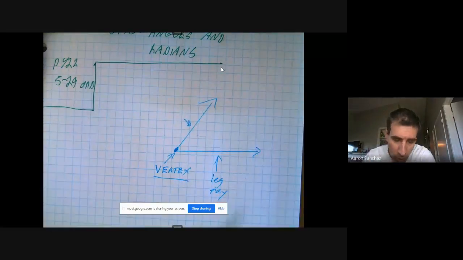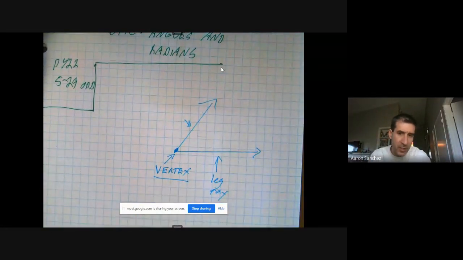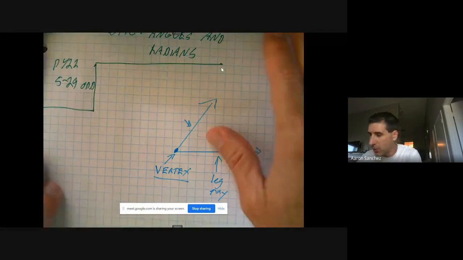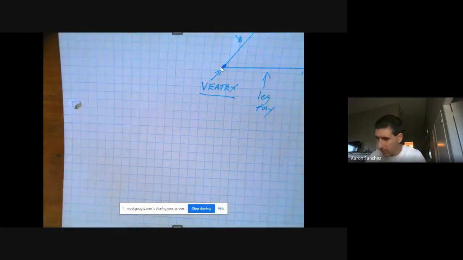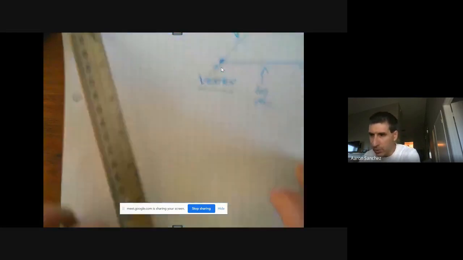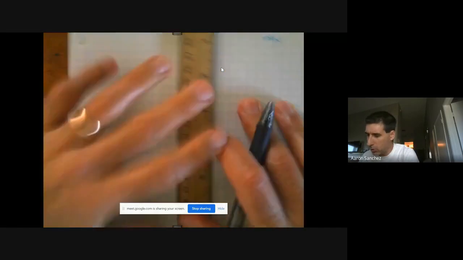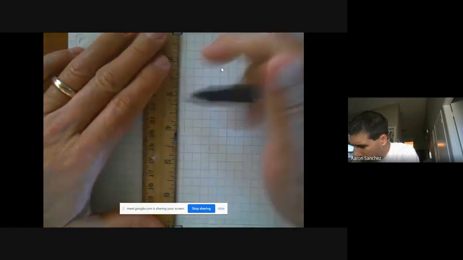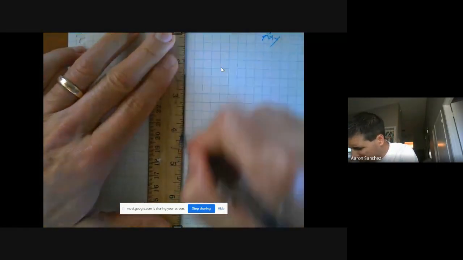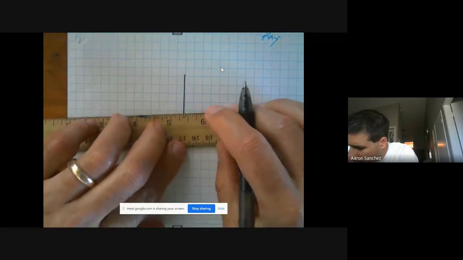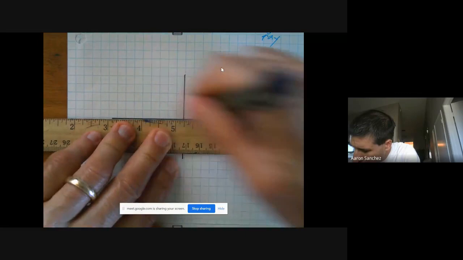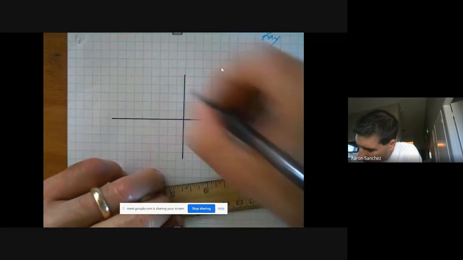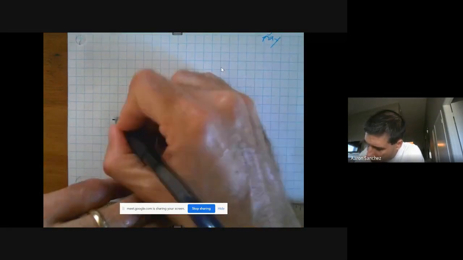Now, we're specifically going to talk about angles on the coordinate plane. So if you want, you could start writing this out. On the coordinate plane right here, this is something new.